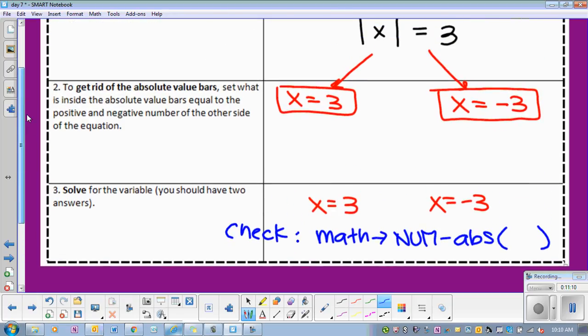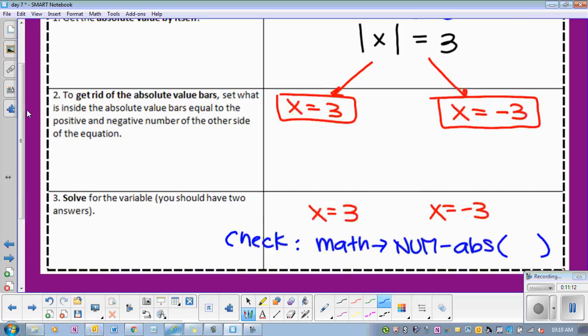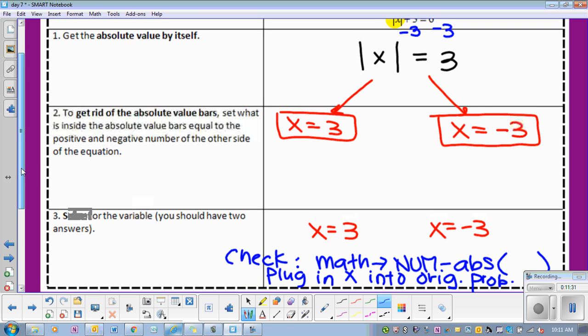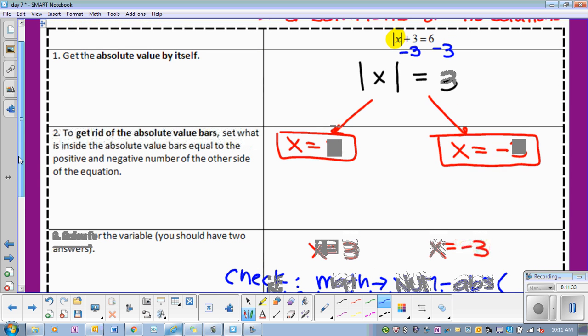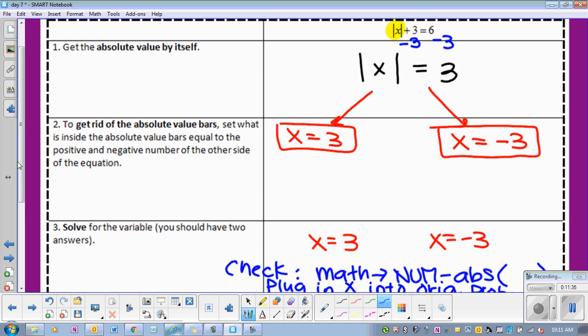And what you're doing is you're going to plug x into your original problem. So if I have x equals 3 and x equals negative 3, I'm going to plug it into my original problem, which is right there. Absolute value of x plus 3, does it give me 6?